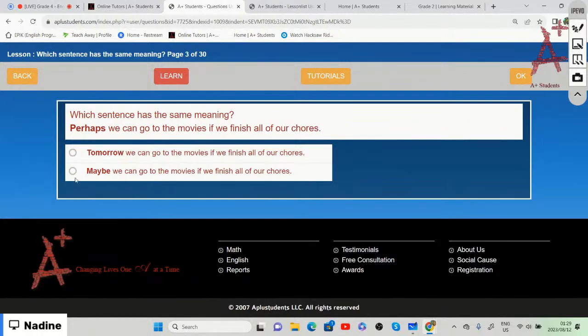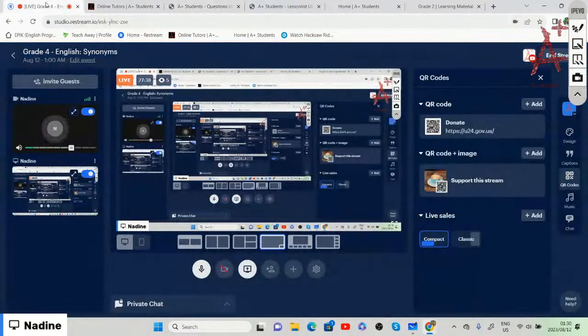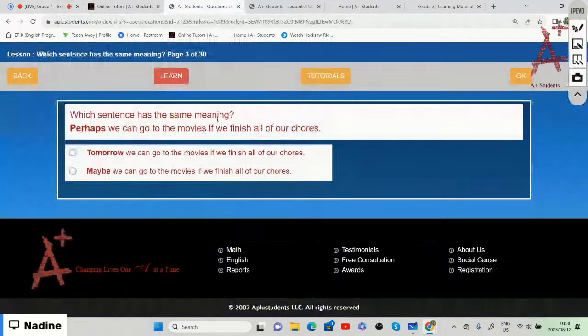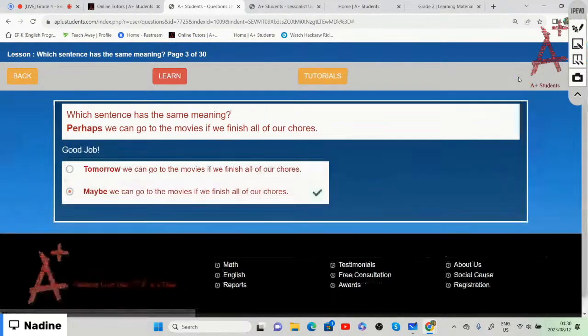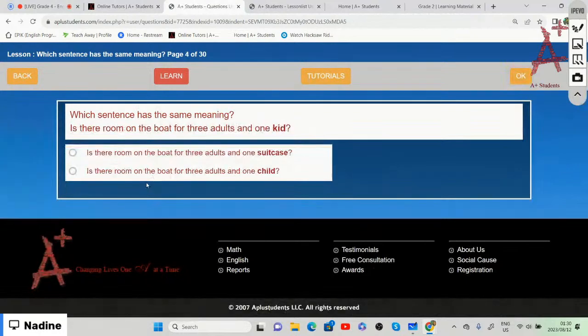Is it tomorrow we can go to the movies if we finish all our chores? Or maybe we can go to the movies if we finish all our chores. Remember, you are unsure, which means that perhaps is like saying maybe we can go to the movies if we finish all our chores. So, perhaps or maybe.